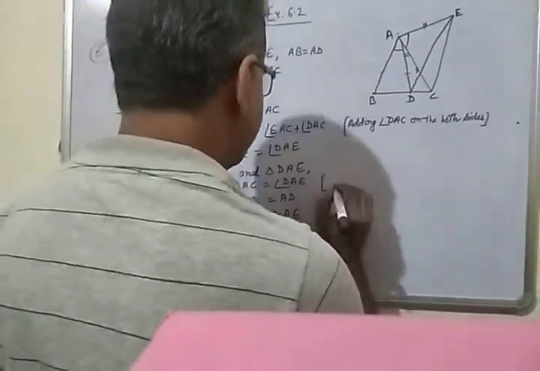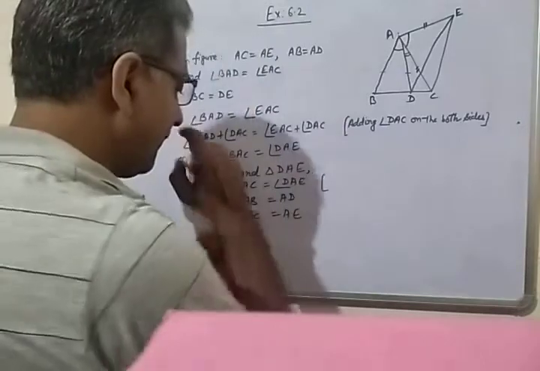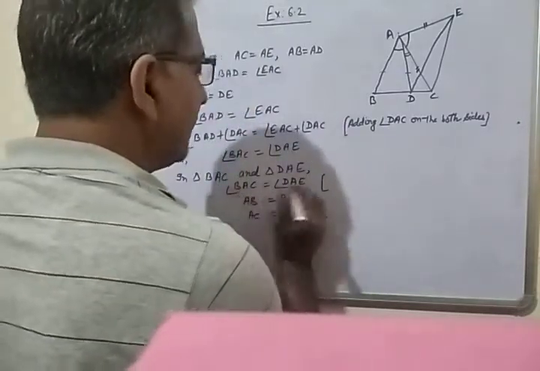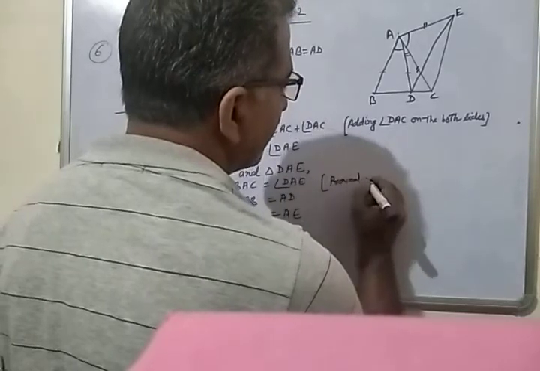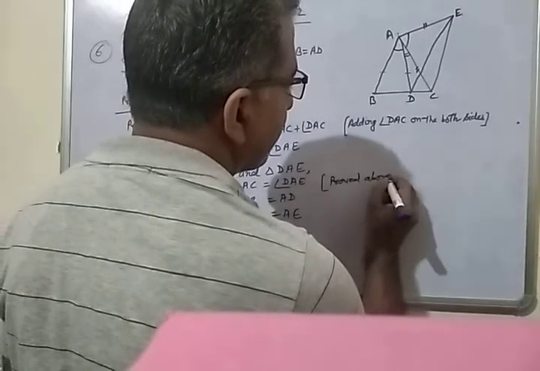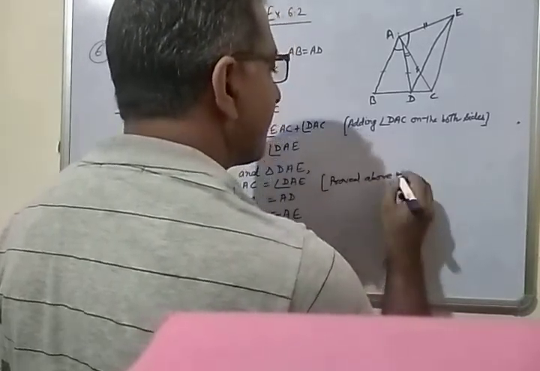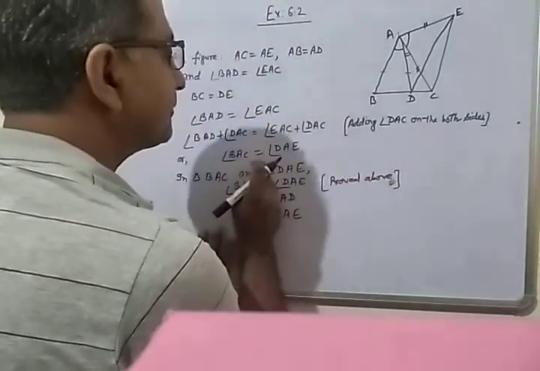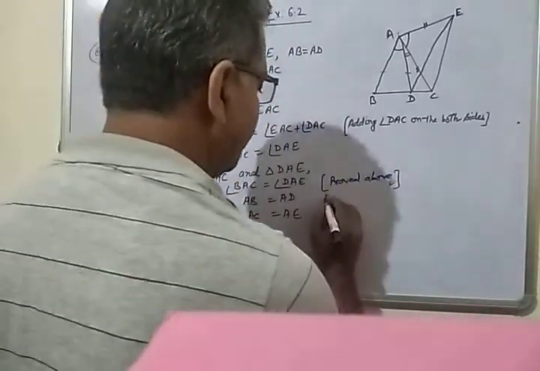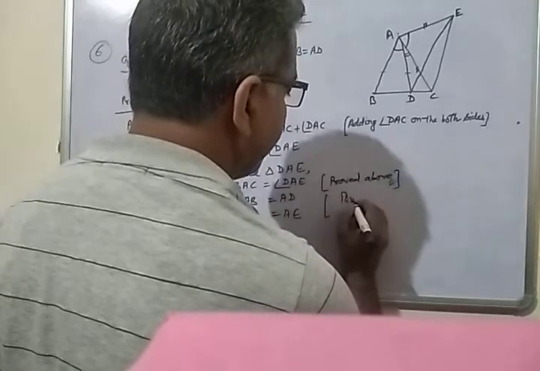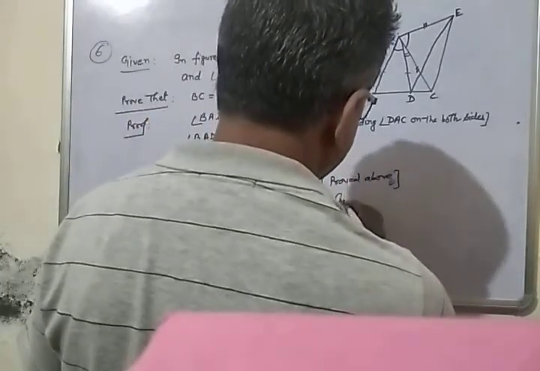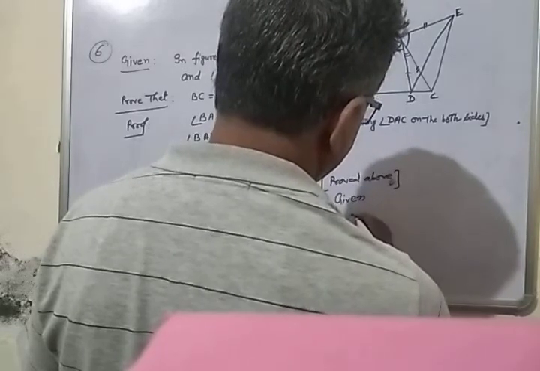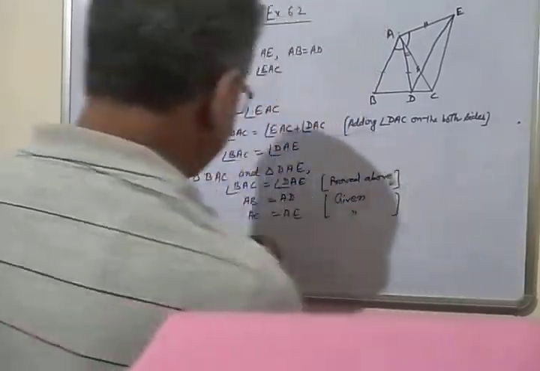Here we will write the reason: that one proved above. These are given points. Given. This one is also given.